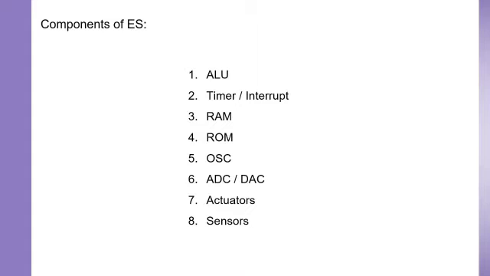Now we're going to see the seventh, actuators. An actuator is a device that moves to control some mechanism. An actuator turns a control signal into mechanical action, such as an electric motor. Finally, we are going to see the sensors. A sensor is a device that detects and responds to some type of input from the physical environment, for example light, heat, moisture, pressure, etc.